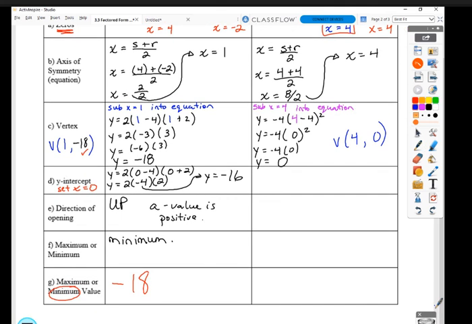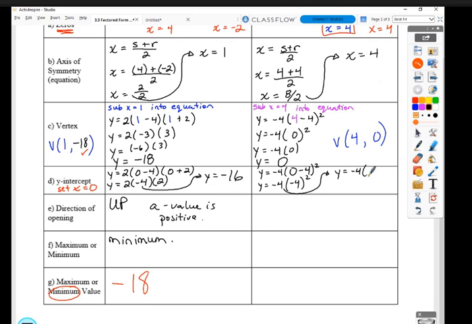Okay, next, the y-intercept. Just like we solve any y-intercept, we set x equal to 0. So we grab that equation again and say, y equals negative 4 times (0 minus 4) squared. Negative 4 times (0 minus 4) is negative 4 squared. Be very careful here.